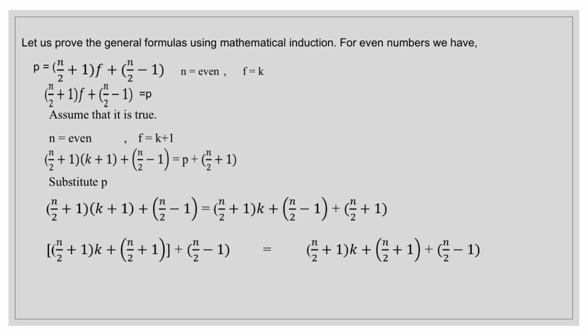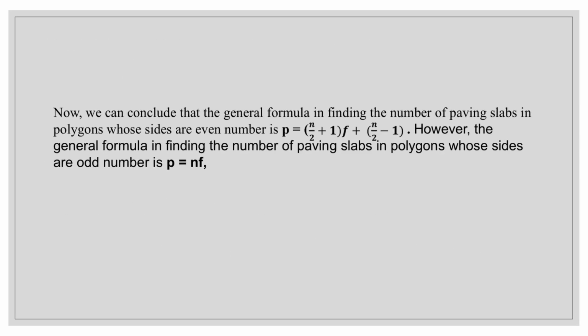So, nag-equal sila. Now, we can conclude that the general formula in finding the number of paving slabs in polygons whose sides are even number is P is equal to n over 2 plus 1 multiplied by F plus n over 2 minus 1.